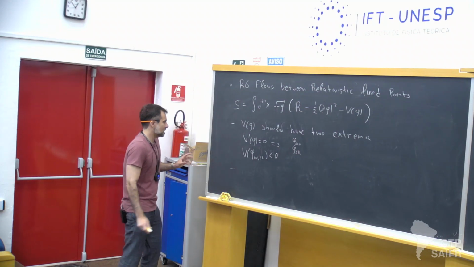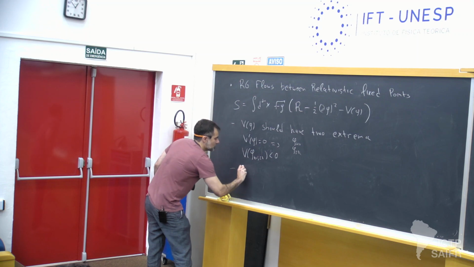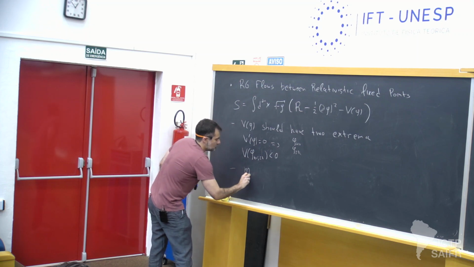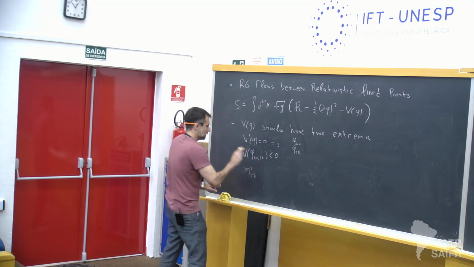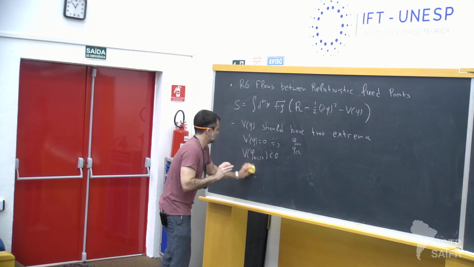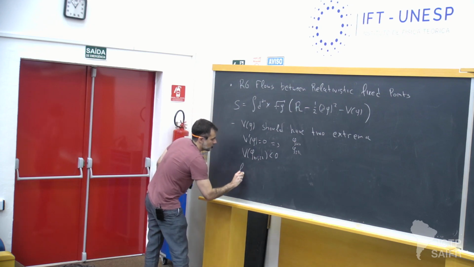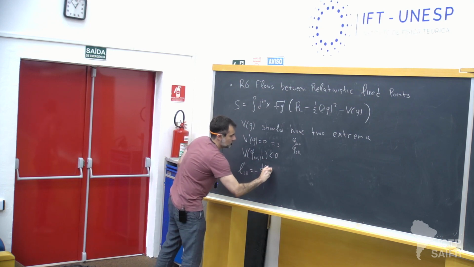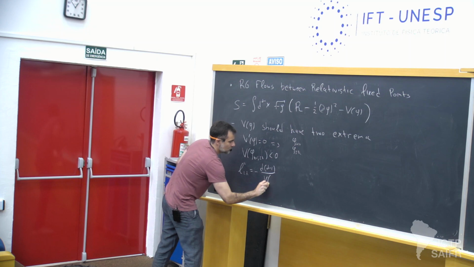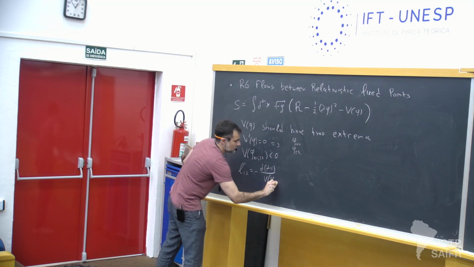Good. Now, the next thing is the mass squared in the IR. Before writing that, the radius of the IR AdS would be minus d minus 1 over the value of the potential at the IR fixed point.